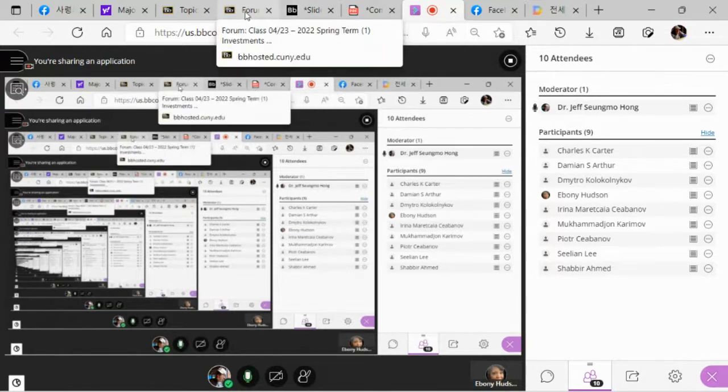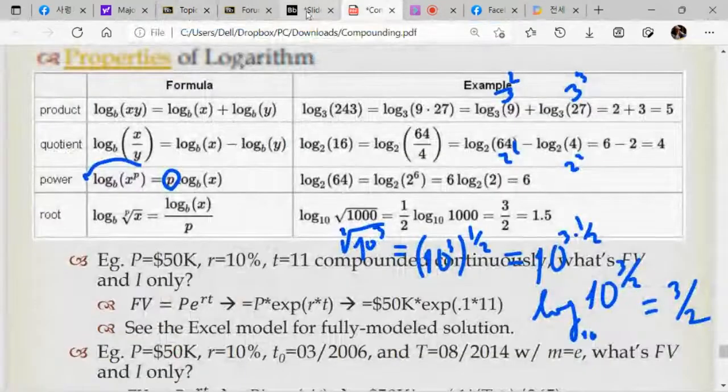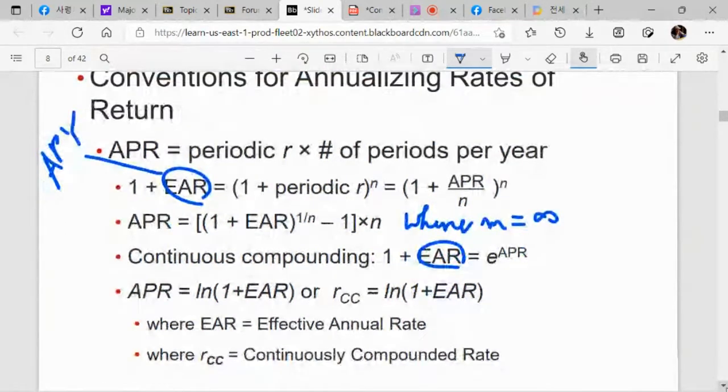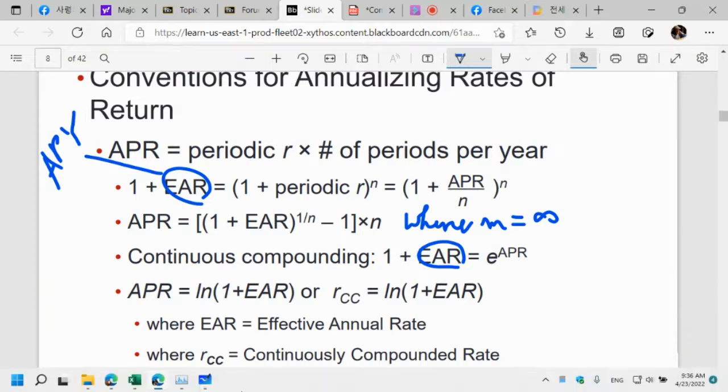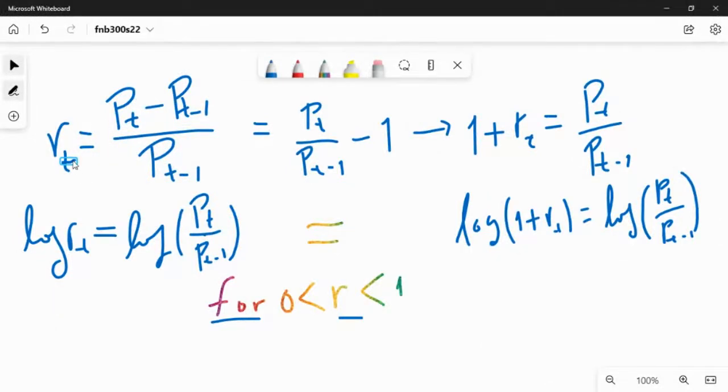Before the spring break, in our last class, which was on April 9th, we were somewhere here, right? We were discussing how we define return. Return is defined as Pt minus Pt minus 1 over Pt minus 1, right?